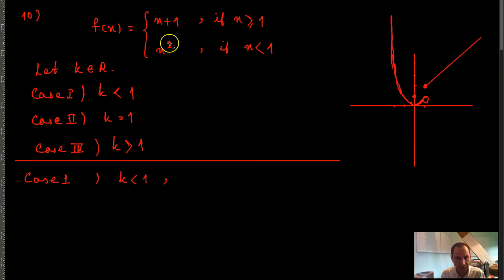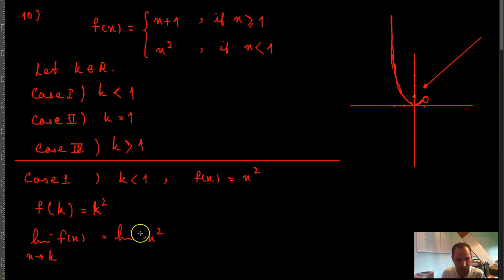For this case, f of x is equal to x squared, which means that f of k in this case becomes k squared. And the limit of f of x as x tends to k is equal to the limit of x squared as x tends to k, which is k squared.